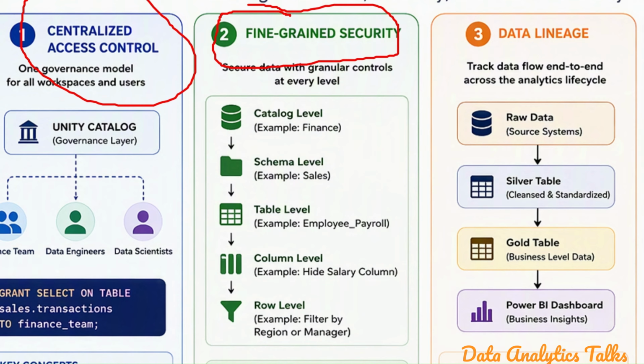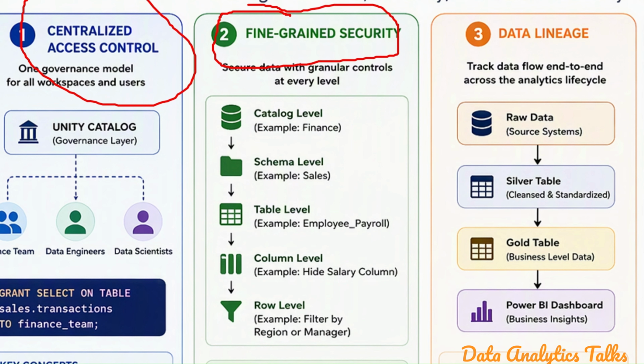Then we can also have column level, like salary columns, which are hidden from others. Then we have row level. Maybe we should filter data at row level, maybe at a region level or manager level. So, different granularity.